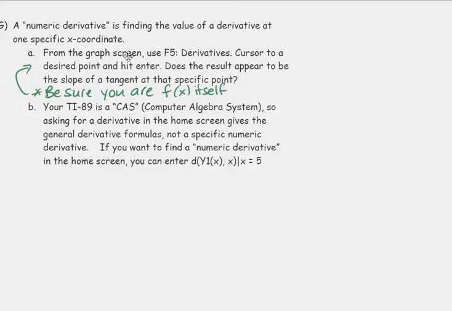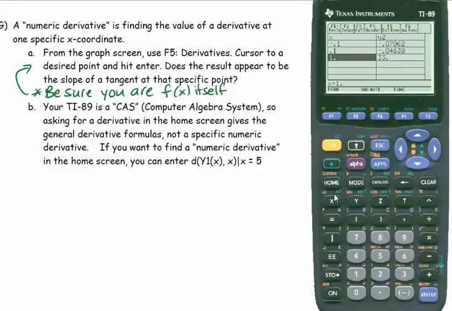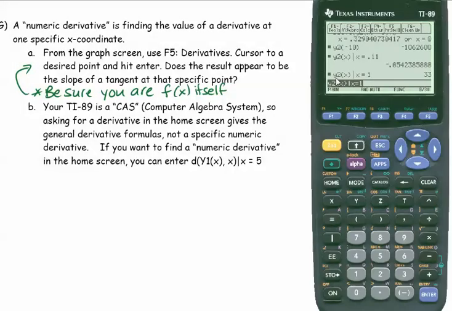So we have a lot of choices. We were just doing that in our home screen. This, for example, was the derivative at x equals 1. So this is really how you can find f prime of 1. So there's one method in the home screen to find f prime of 1.